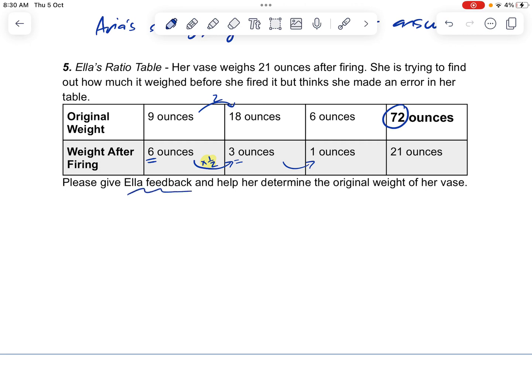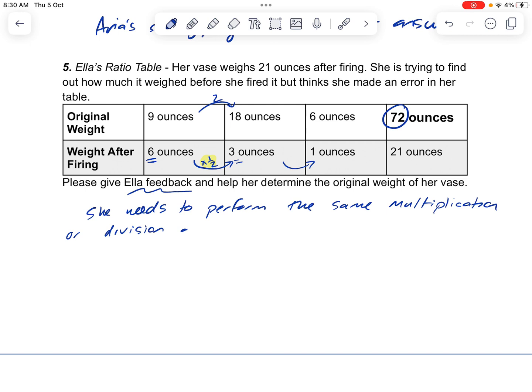So if I was going to give Ella some feedback, I would probably say she needs to perform the same multiplication or division operation on both parts of the ratio.